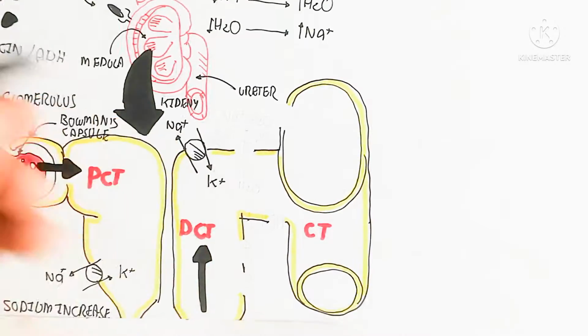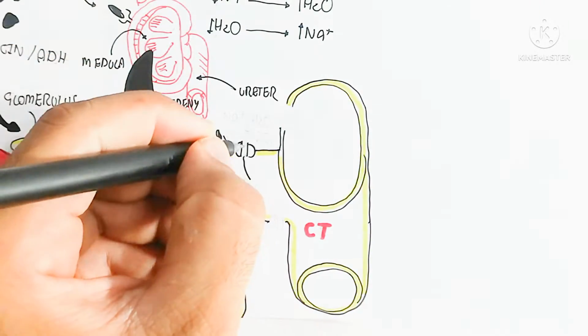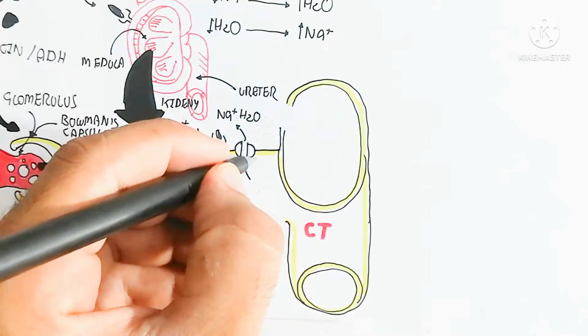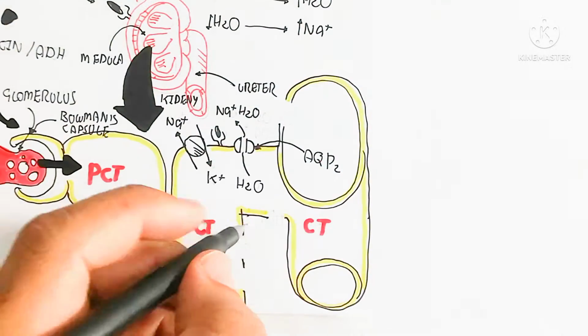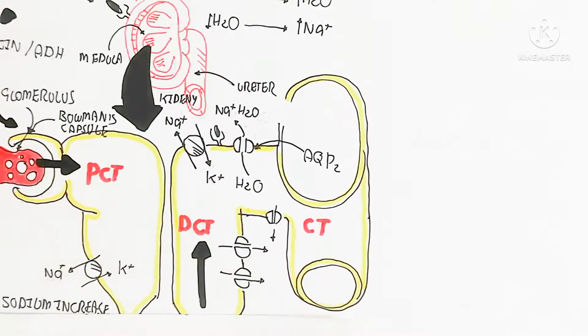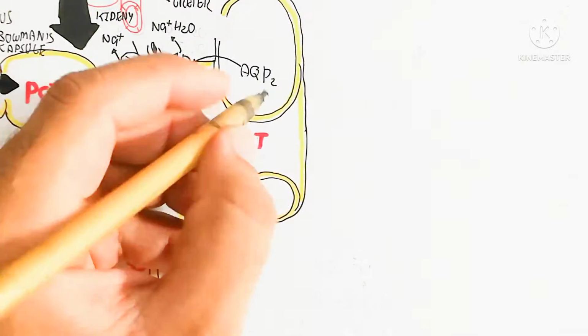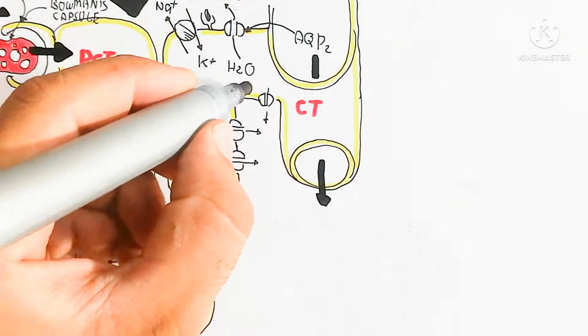But more water is required in the blood because the blood volume has decreased. Here the sodium enters, and you can see the aquaporin 2 channel creation, which, due to the antidiuretic hormone, reabsorbs the water, and water follows the sodium.